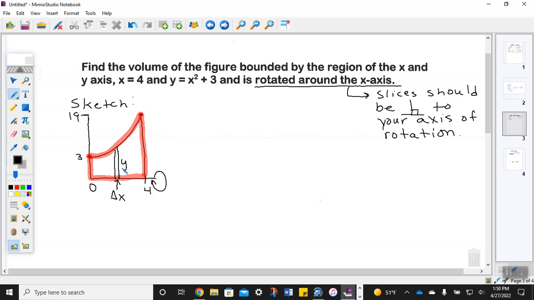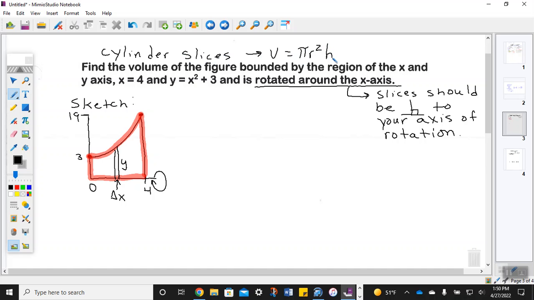You recall the volume formula for a cylinder? How about I help you? Cylinder slices have a volume of pi r squared times the height.